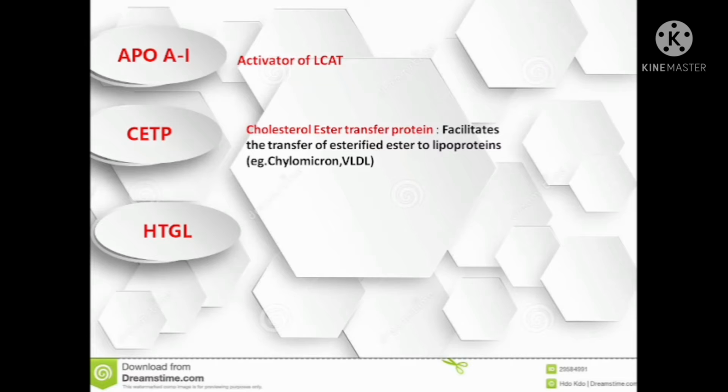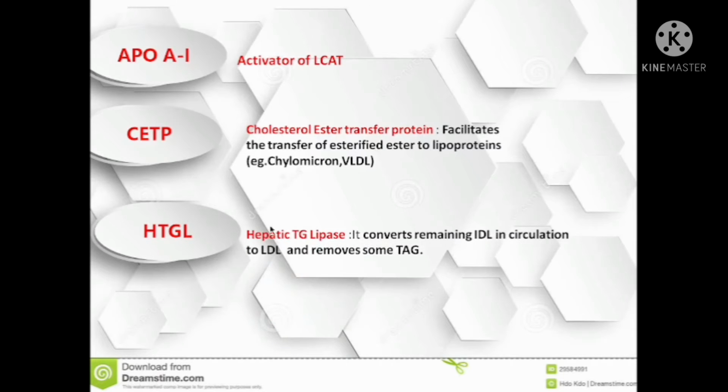Remember that lecithin cholesterol acyltransferase functions to esterify free cholesterol, and after it has been esterified, this protein facilitates the transfer of the esterified cholesterol to lipoproteins, some of which are chylomicrons and very low density lipoprotein.